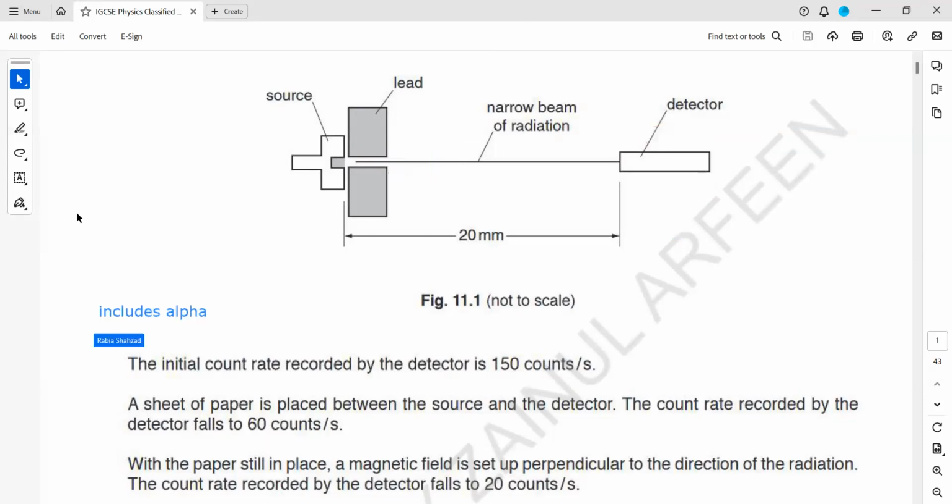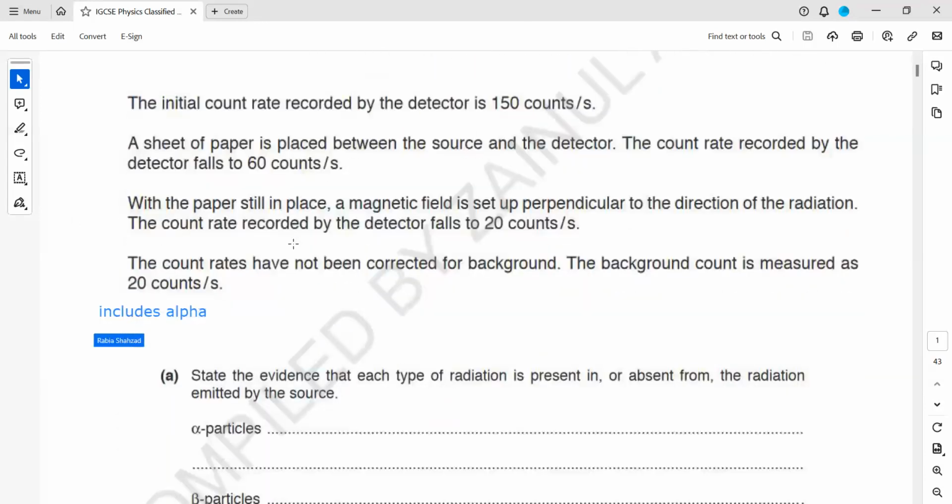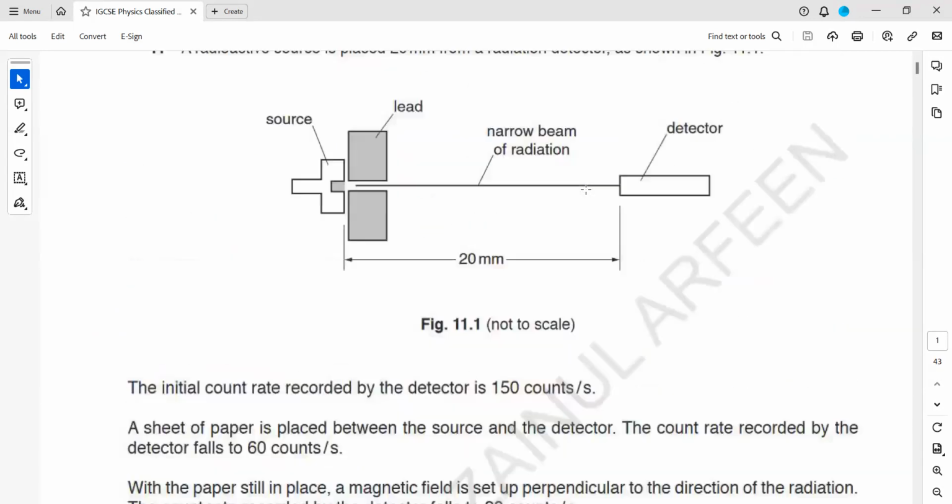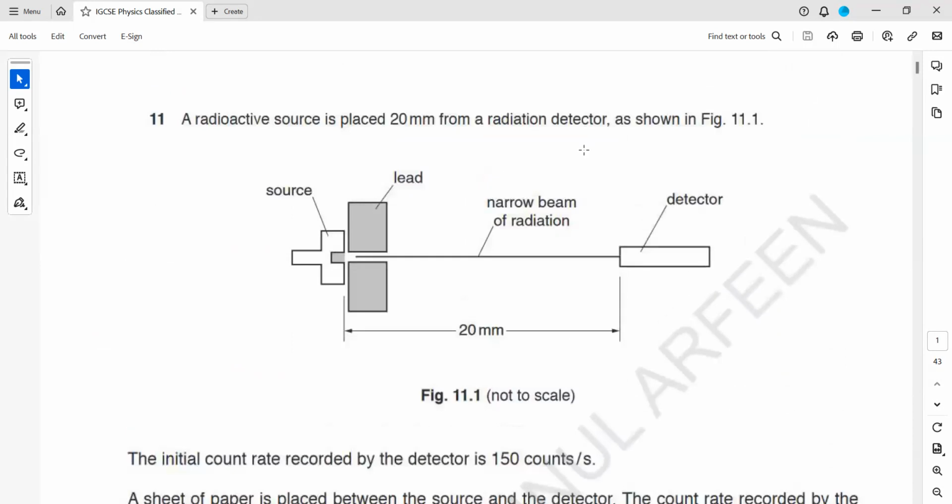The next part, yes, it includes an alpha, that's right. With the paper still in place, the magnetic field is set up and the count rate of the detector falls to 20, which is also the background. So first, it was giving 150 without any paper. We place a paper, the count has reduced to 60.